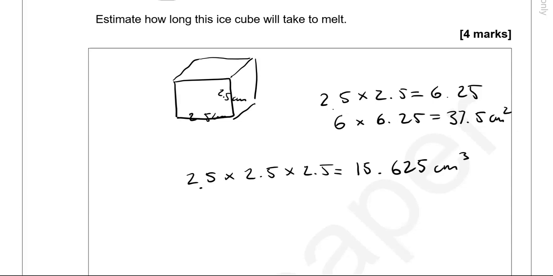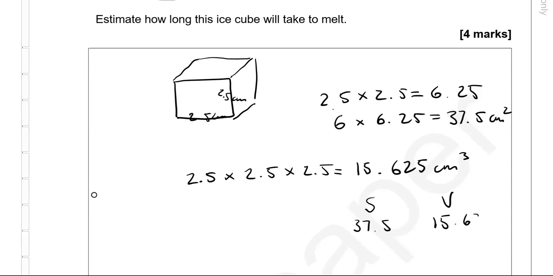centimeters cubed. So now we've got surface area 37.5 and volume 15.625. So we'll simplify this now, and looking at the two numbers, this is smaller.